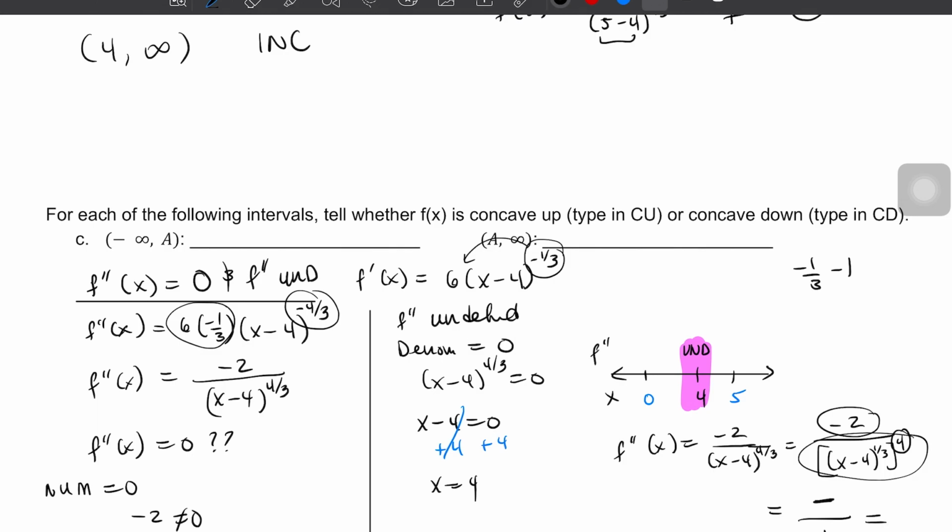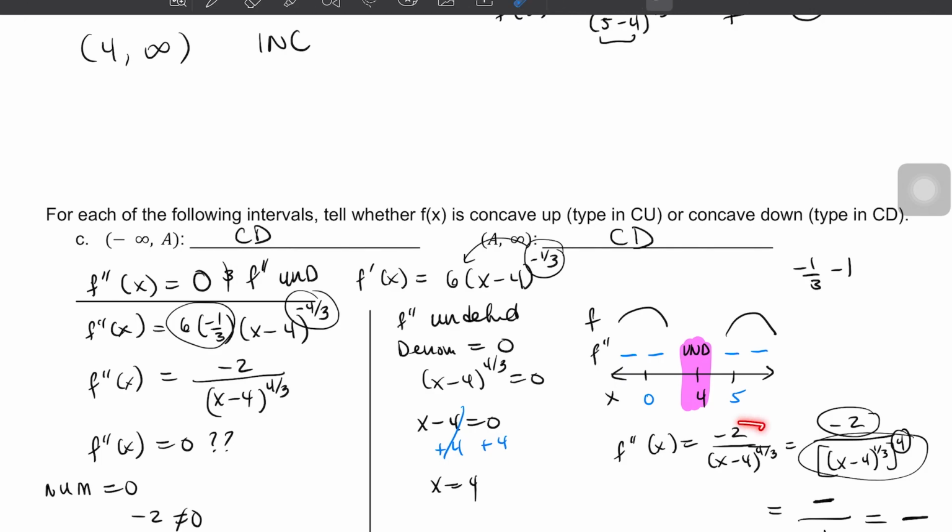So negative over a positive will be negative. In other words, this is negative, negative, negative, so we have concave down, concave down, concave down. And that's it, so both cases are concave down. From negative infinity to 4 is concave down, and from 4 to positive infinity is concave down.